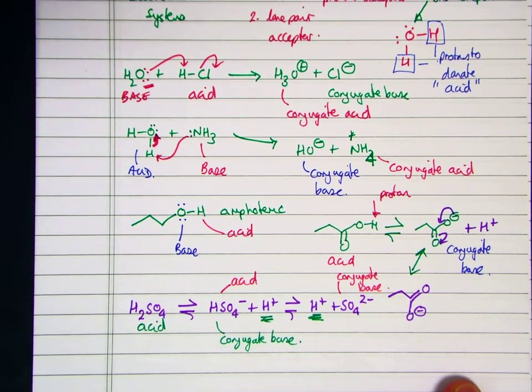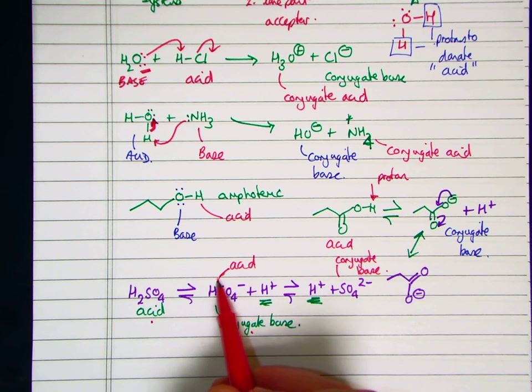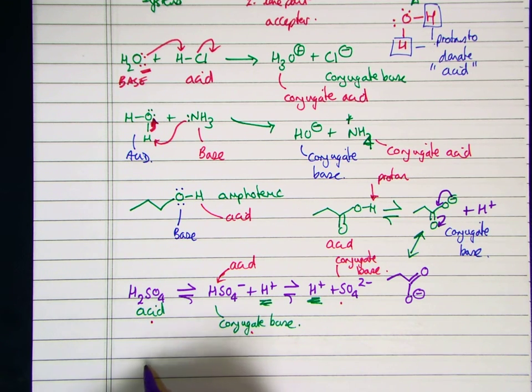We have to recognize that this is the conjugate base with reference to the sulfuric acid, but this is an acid with reference to its conjugate base, the sulfate anion. In addition to that, we can do the same thing with phosphoric acid and phosphates, which are going to be more important in biological systems.